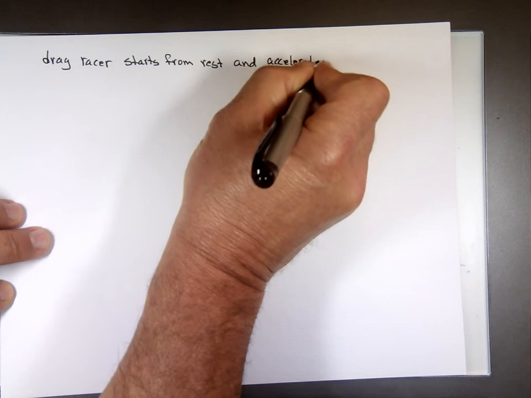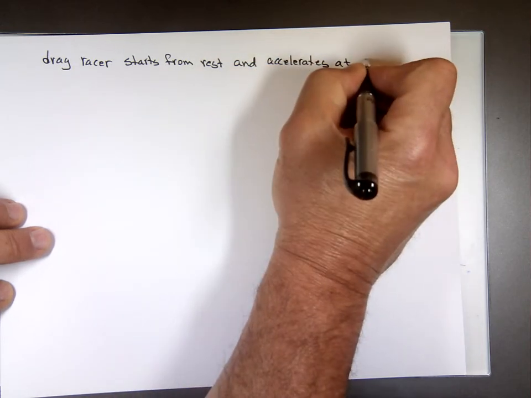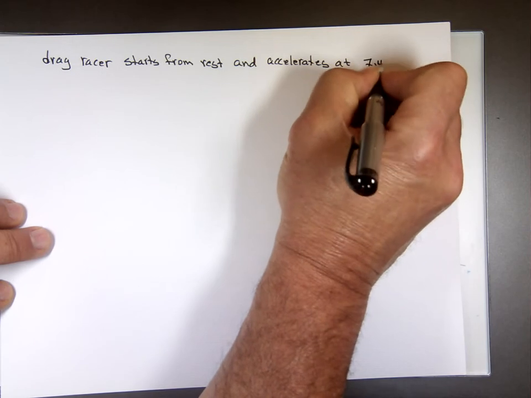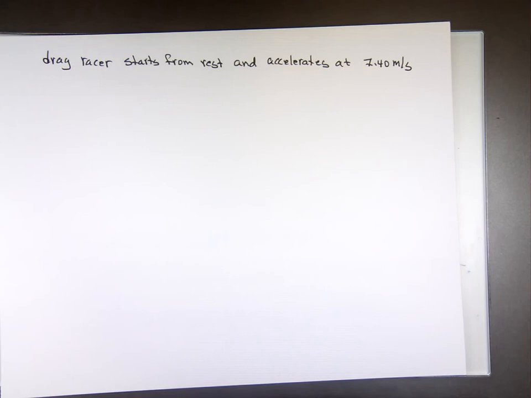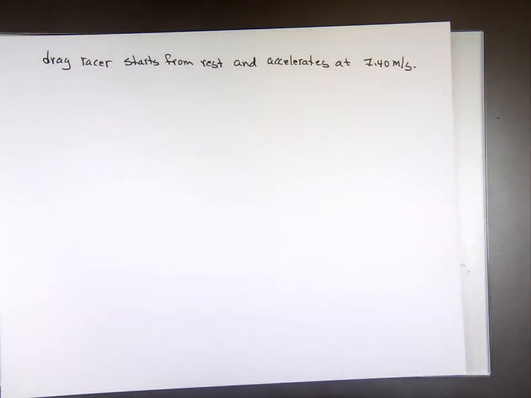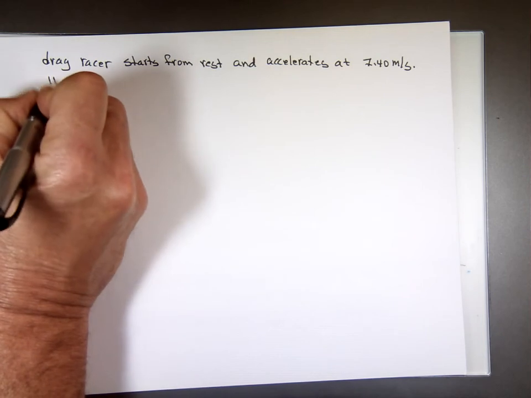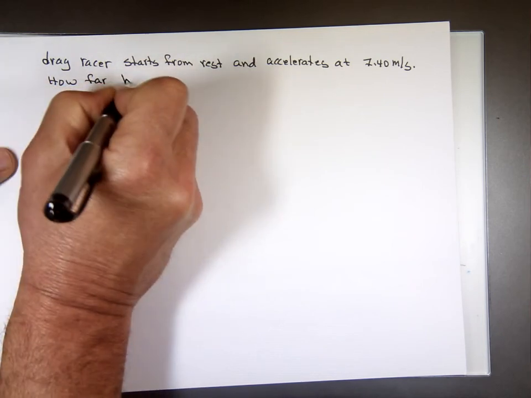These cars actually move really fast. We'll go 7.40 meters per second squared. Here's the question: how far has it traveled?